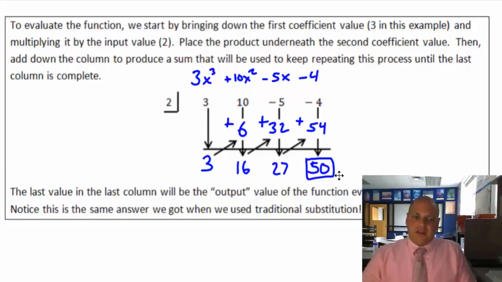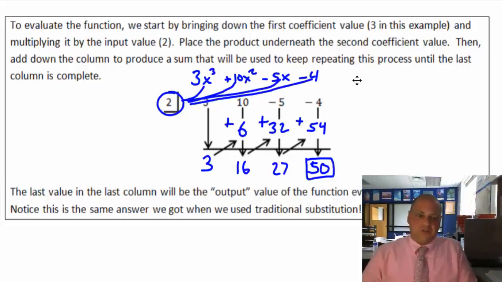Whatever you get at the end of that synthetic substitution process is the value of the function at the number being plugged in for x. Basically, we did it without doing it. We did it in a fake way, essentially. Okay, so it is the same answer as we got before. Remember, q of 2 equaled 50.